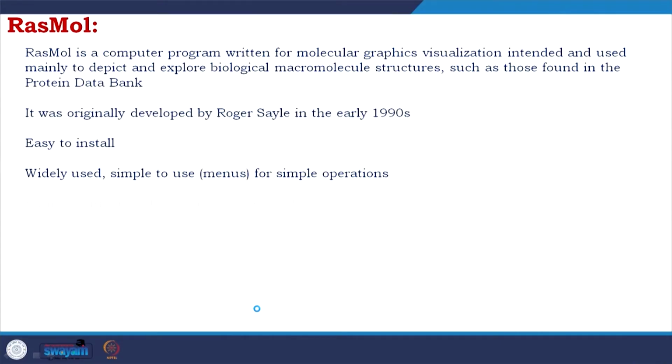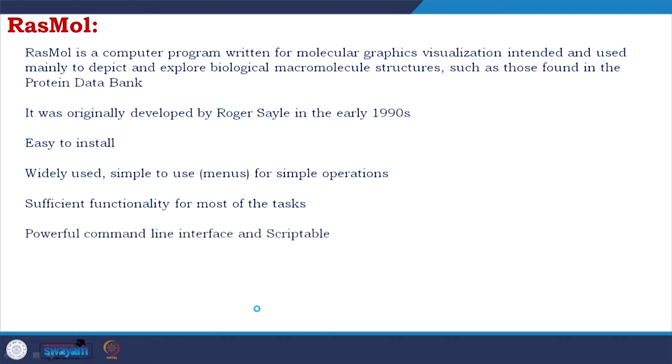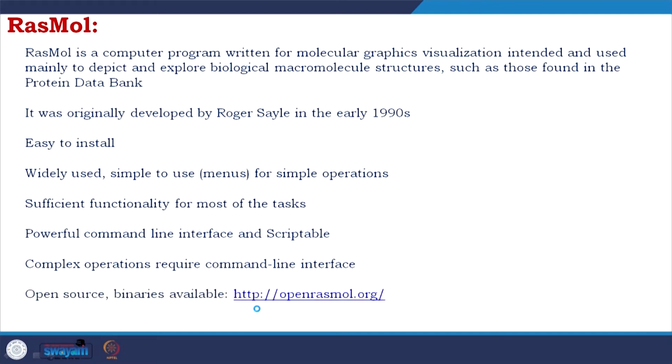Widely used, simple to use for simple operations, sufficient functionality for most of the tasks about representing the 3D molecule, powerful command line interface and it was scriptable, complex operations required the command line interface, and open source, freely available. You get the link of the binaries.